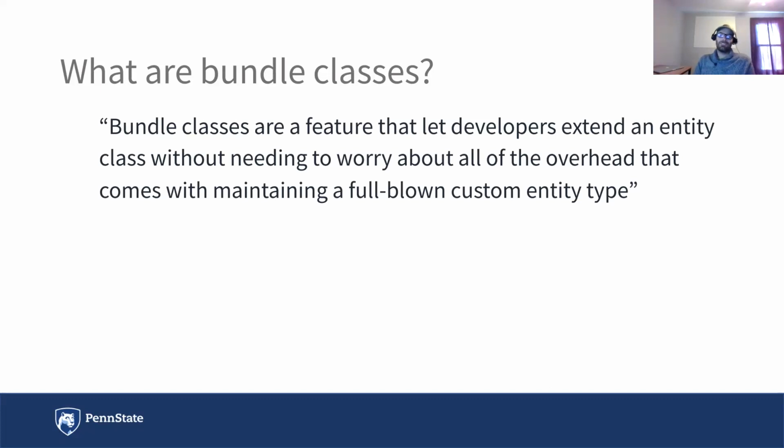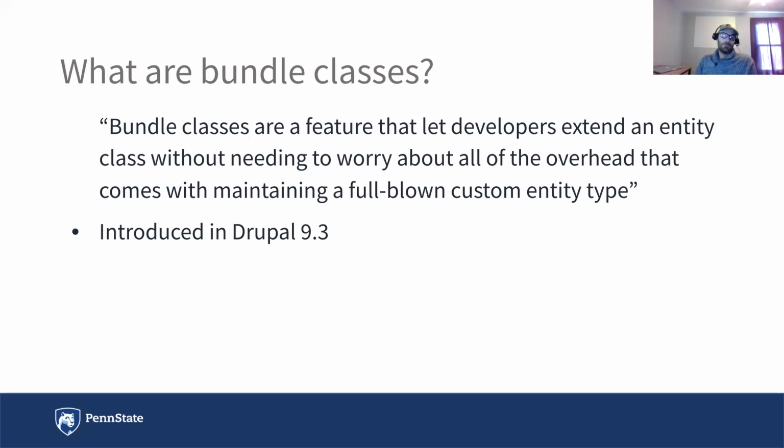So if all you wanted to do was add a method to a node, but you didn't want to take over access control mechanisms, you didn't want to write all of the handlers that are needed, you didn't want to come up with a new entity list builder for it, you didn't want to figure out how to plug this thing into the diff module, you didn't want to figure out the revisions user interfaces, bundle classes should let you do that without needing to take over a custom entity type, which comes with so much extra stuff that we probably don't want to do in a lot of cases.